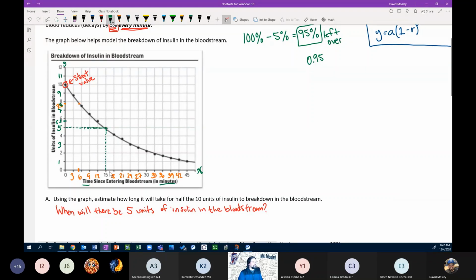So we get 15 minutes. And that's just using our graph to estimate. We're given the graph, why not use it? So we can say approximately 15 minutes.